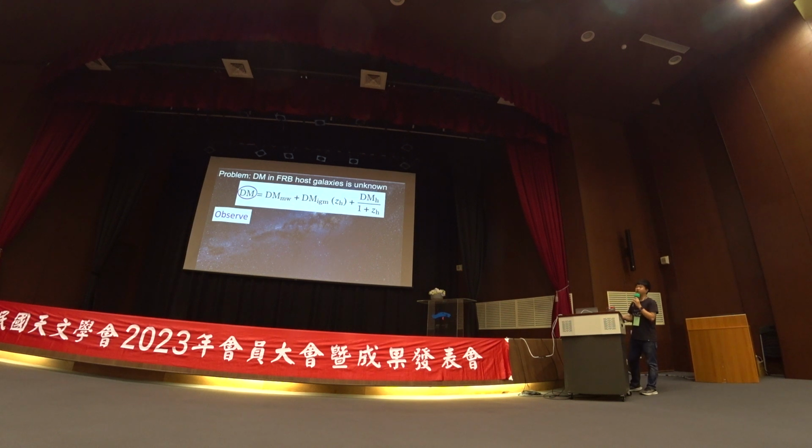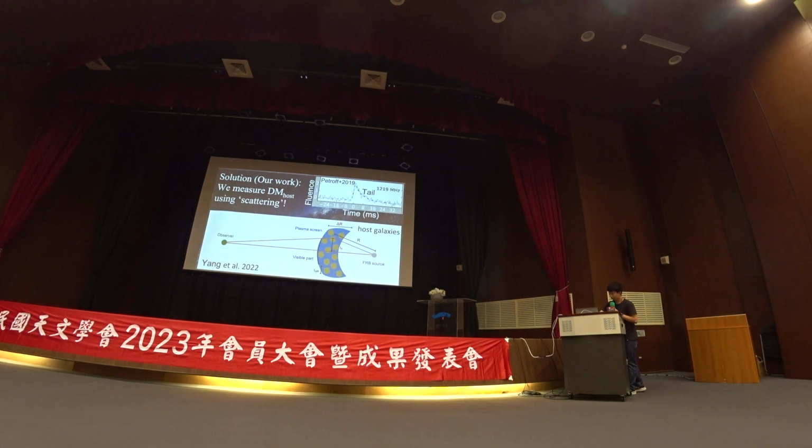The DM is observable, so it's easy to get. And DM Milky Way is nearby us, we can model it, so it's also easy to get. The difficulty is getting the DM host value. In the previous work, we just assumed a number, so it's difficult to have a clear value for the DM IGM.